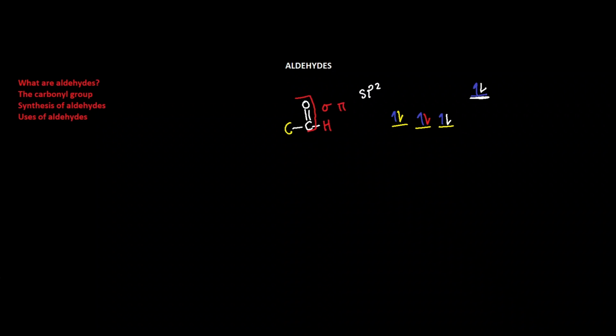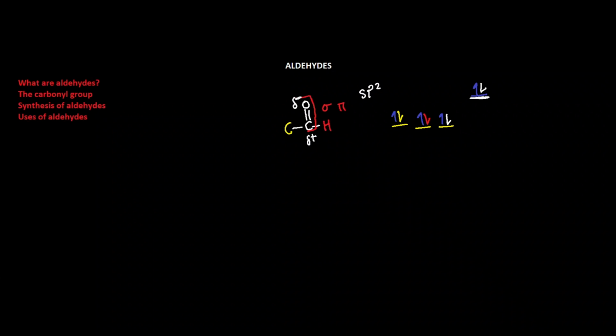Now, of course, we know that carbon has a lower electronegativity as compared to oxygen. This means that the carbon atom would exhibit partial positivity. It would be partially positive, and the oxygen atom would be partially negative.